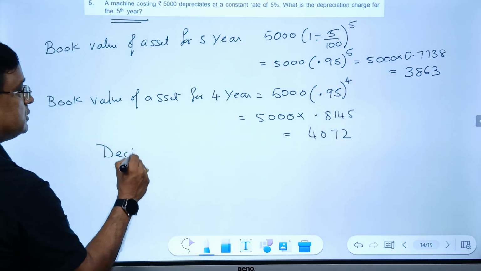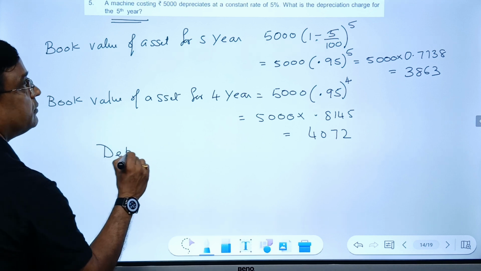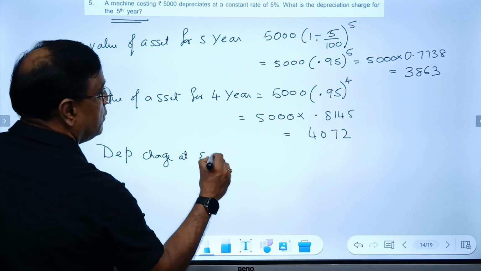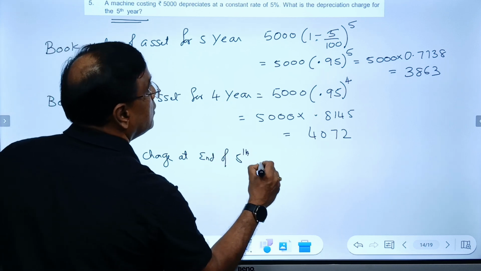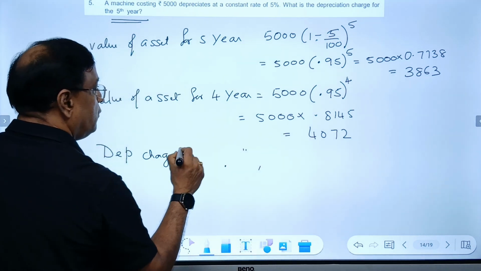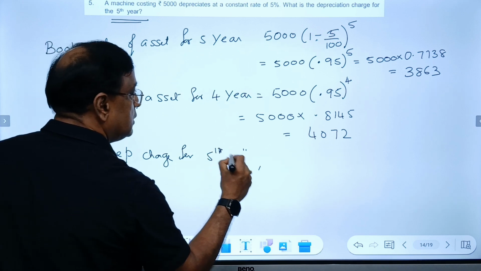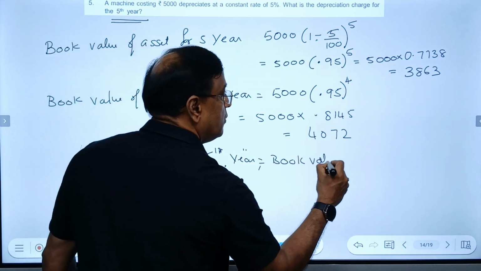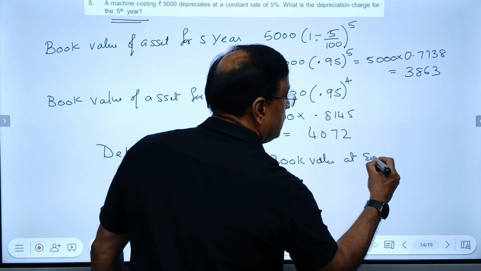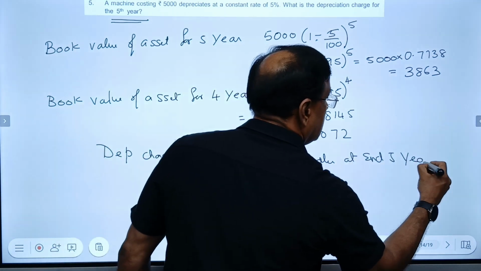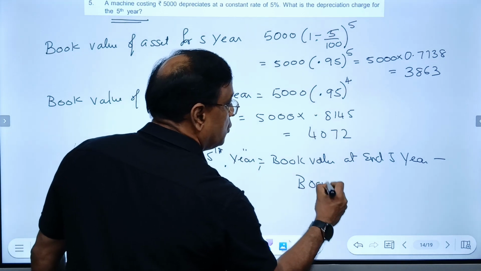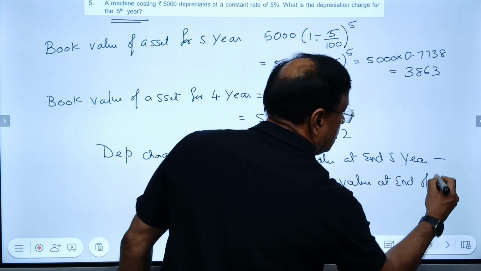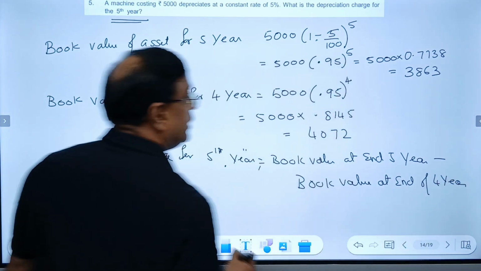The depreciation charge for the 5th year will be the book value at the end of 4 years minus the book value at the end of 5 years.